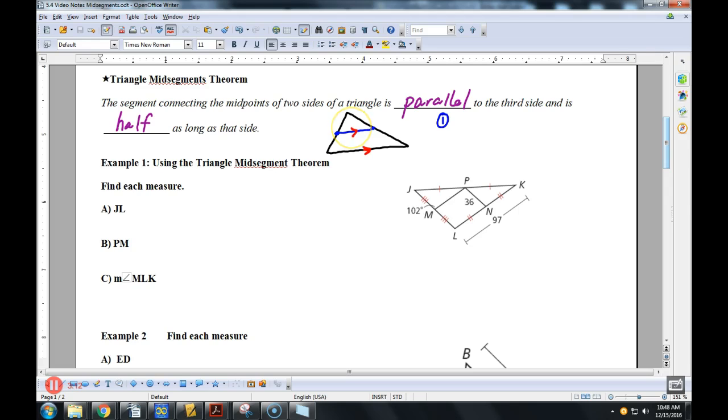So the midsegment is parallel to the 3rd side. Now that's going to hook me up pretty nice later on, because I'm going to know that some angles are congruent to each other. And the second thing I need to know is that the midsegment is exactly half as long as the side. So for instance, if this bottom here was 10, then I know that the blue line is 5. It's exactly half of the other one.